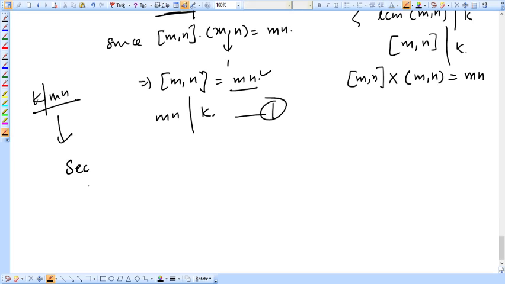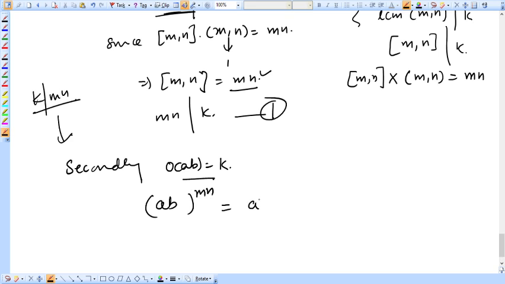Secondly, order of AB is equal to k. But what if I raise AB to the power mn? It becomes a^(mn) b^(mn). Now look, what is the order of a? It is m, so therefore a^m is equal to identity. If I again raise it to some power, it will still be identity. So it is equal to identity.